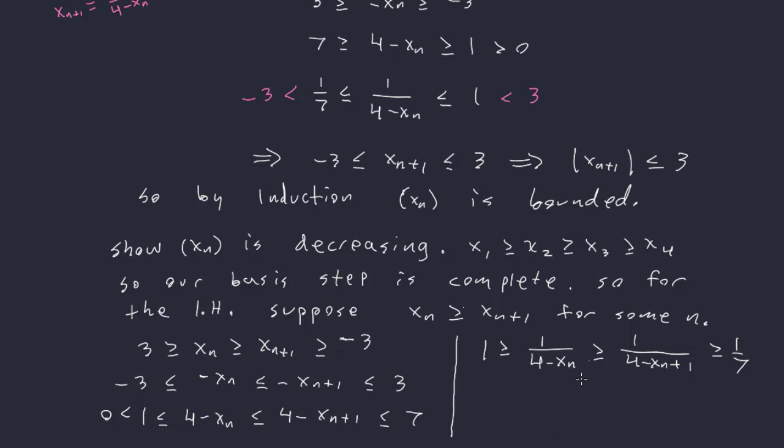And there we go. This is xn plus 1, which I've now shown is greater than this, which is the definition of xn plus 2, and that's what we wanted to show.